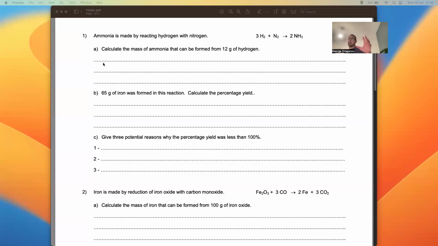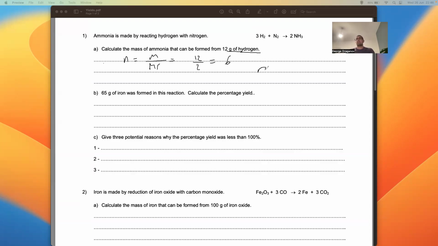I'm assuming that you've practiced how to find the mass already in the previous lesson, so I'll go through it relatively quickly. Step 1, moles. I always say to people, if you're stuck in a chemistry question, just find the moles of something. You'll be guaranteed marks. So 12 grams of hydrogen. Hydrogen is H2, 2 times 1 is 2. Do not include the 3. 3 is a big number. You only include the little numbers. So 12 over 2 is 6.